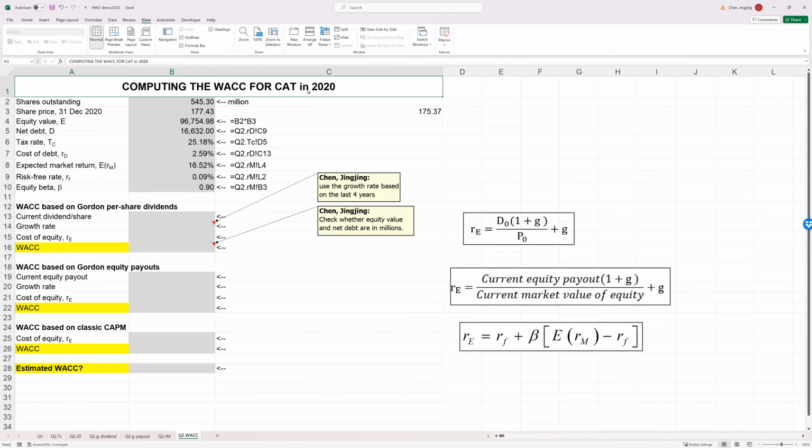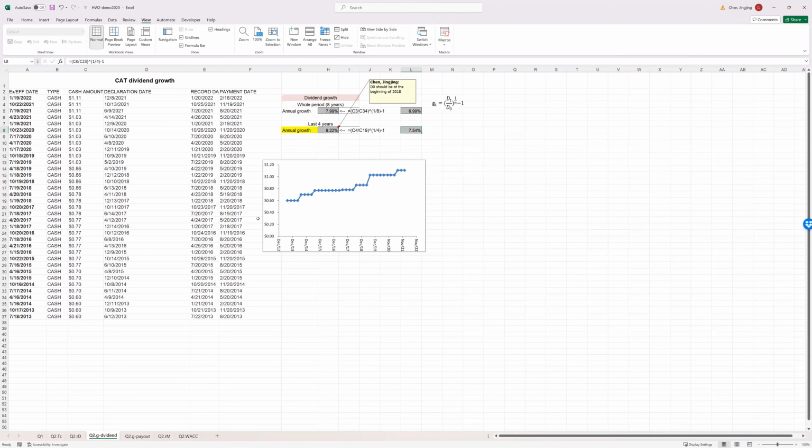There's no way for an investor in 2020 to have any information about the prices or the actual dividend growth realized in 2021 and 2022. Therefore, I want to make a small adjustment for the dividend growth. At the time I downloaded the data for dividend growth, it was probably already 2022, so that's why I included it here.